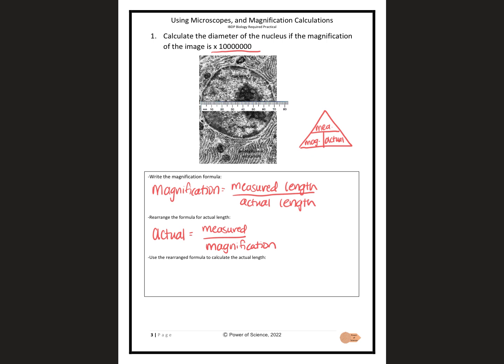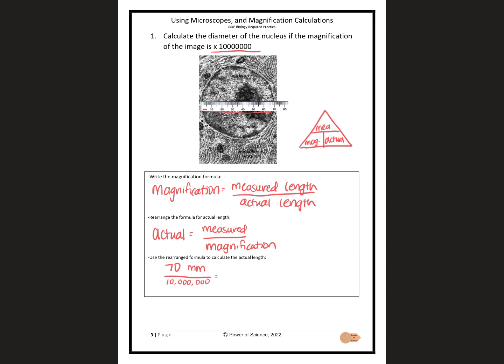So we look and see, it gave us a ruler here in our image, and it measures about 70 millimeters. So that is our measured. Then we're going to divide it by our magnification, which was 10 million.